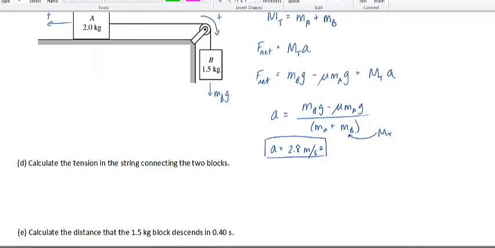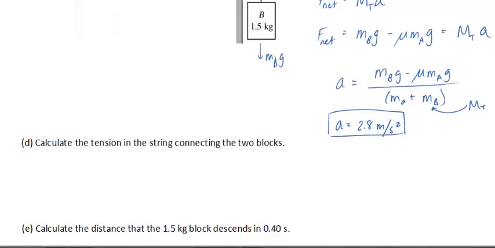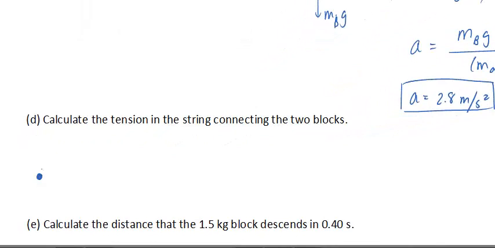What we need to do is focus on one of the two masses in order to find the tension. Mass A has, again, 4 forces acting on it. Mass B has only 2, so that's the one I'm going to choose. Mass B has the tension acting up and gravity acting down.